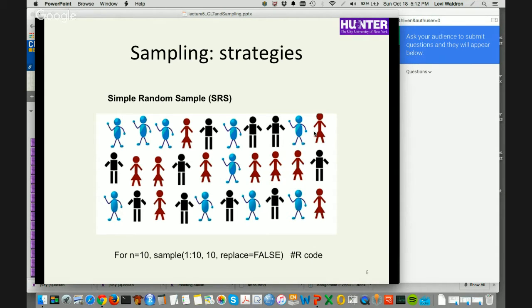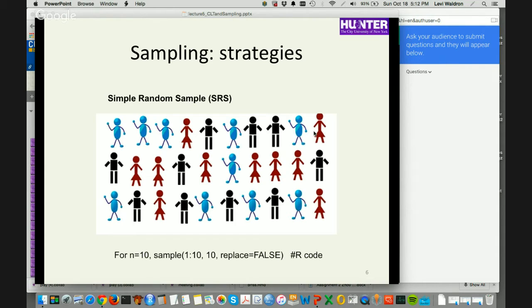There are a number of ways we can sample. The ideal way, and the way that a lot of the tests that we describe in this course are going to be based on, is a simple random sample, and this is the easiest type of sample to analyze.